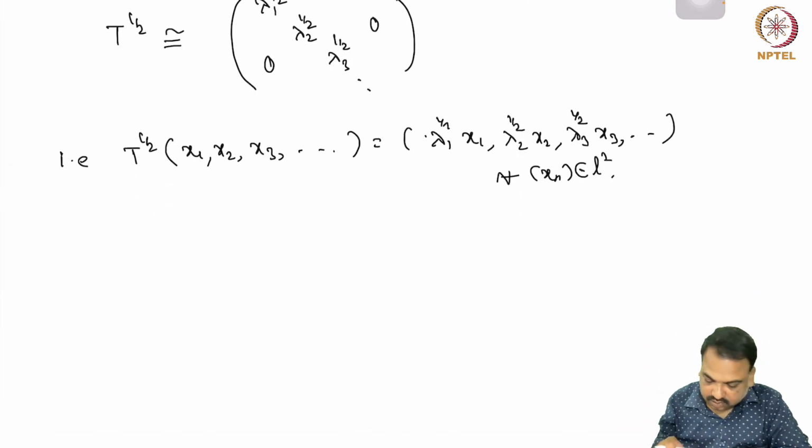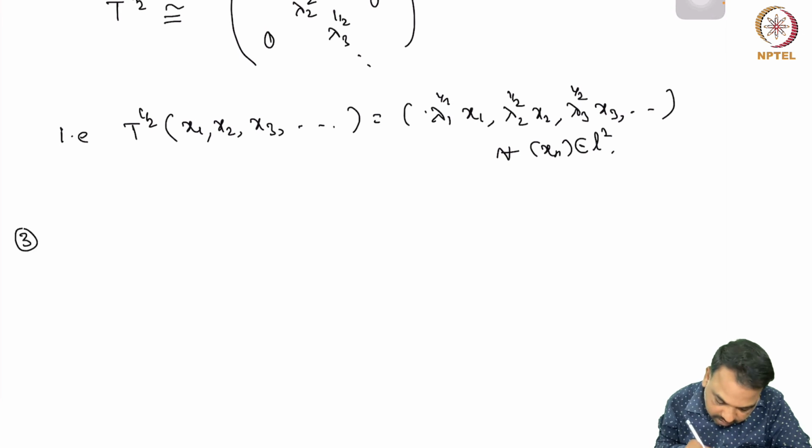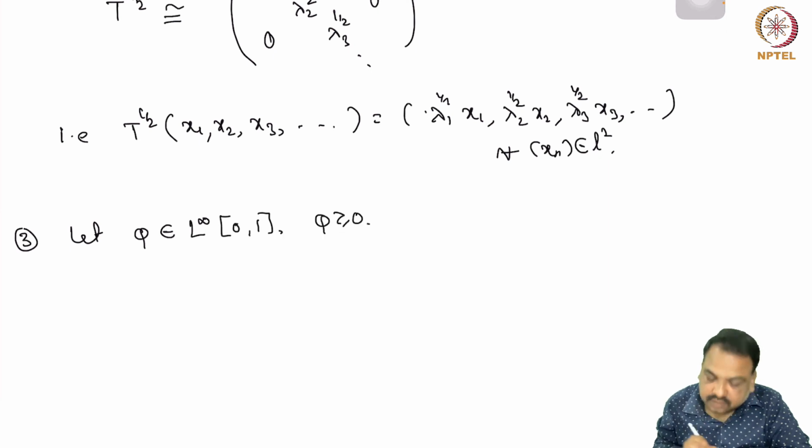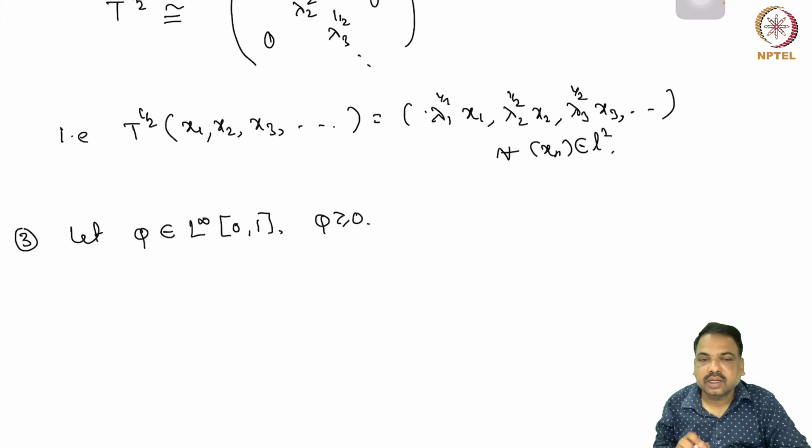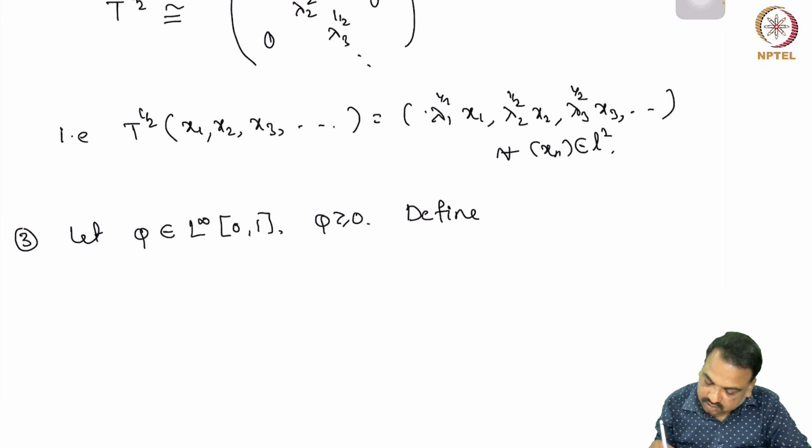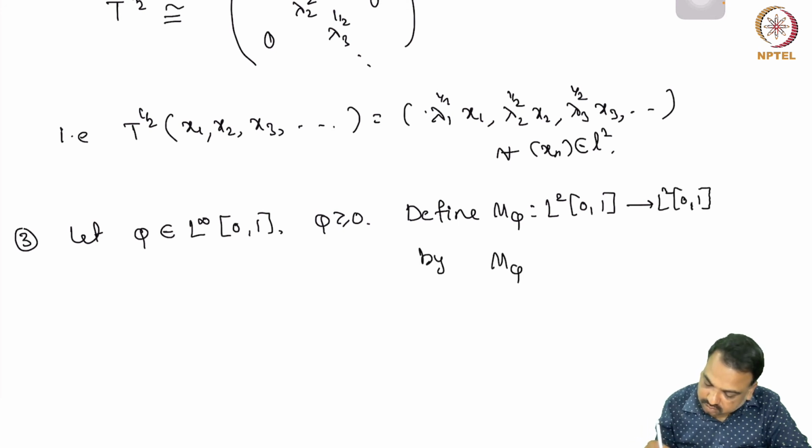Now still we can generalize. Let us take phi from L infinity of [0,1], phi positive, that means phi of t is bigger than or equal to 0 for every t in [0,1]. Look at the corresponding multiplication operator, M phi of f equals phi times f, for every f in L2[0,1].